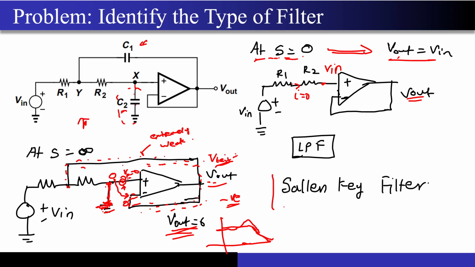This topology is called the Sallen-Key filter. Correct? Just search this on the internet. Maybe you can put this as a question to ChatGPT. You can search on YouTube or go to Razavi's Fundamentals of Microelectronics book and study about this Sallen-Key filter.